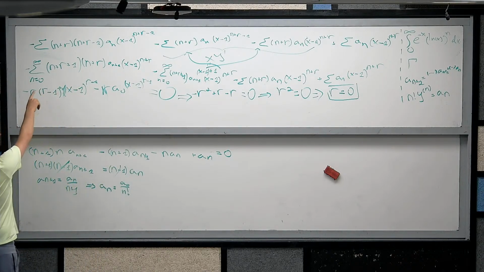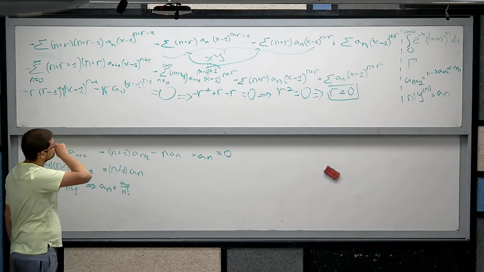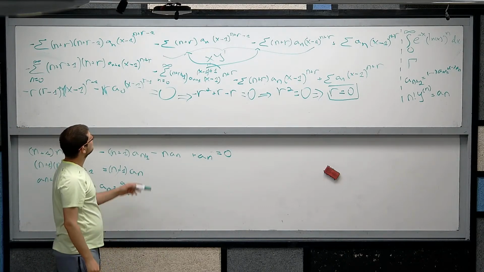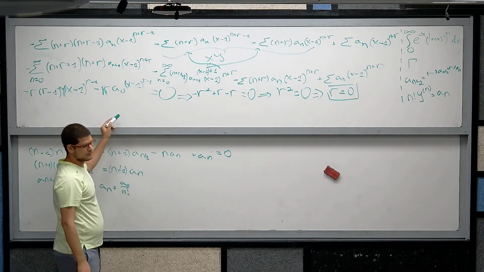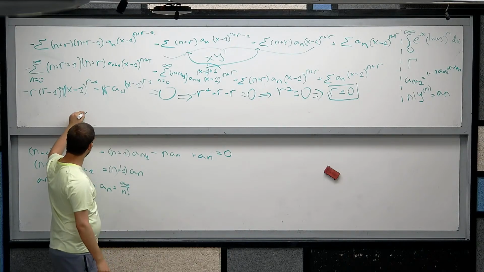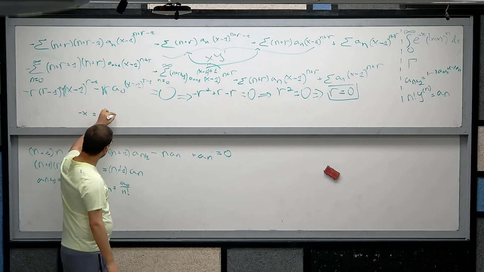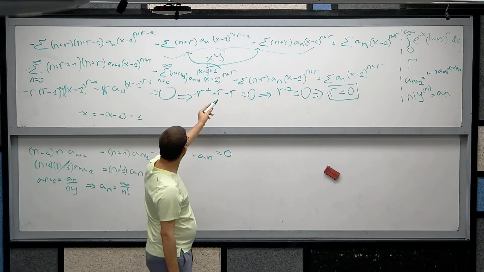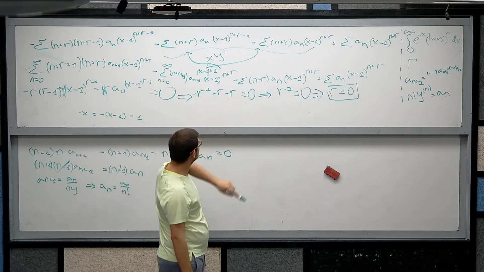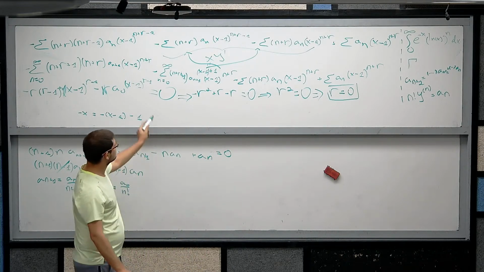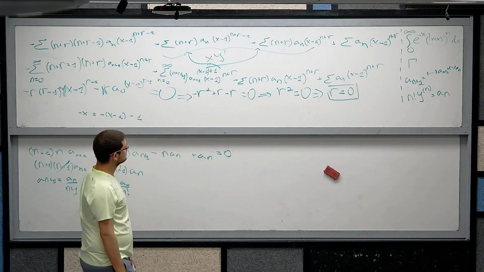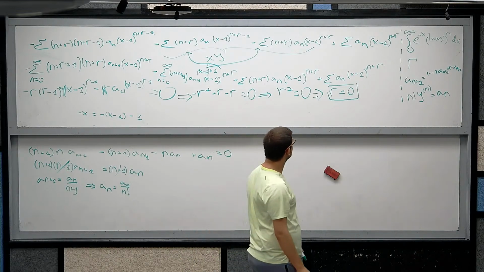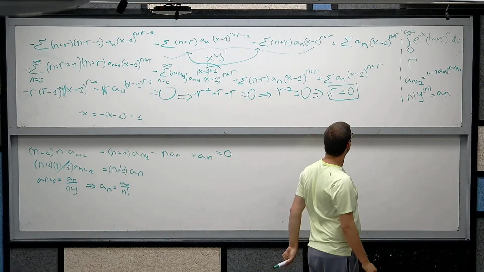Here it's minus and plus, x and minus x, just minus x, minus 1. No, you put the -1 minus. Okay, and the last term is just plus y.